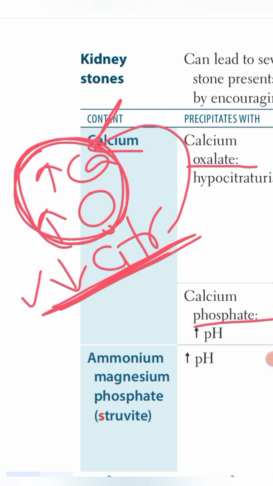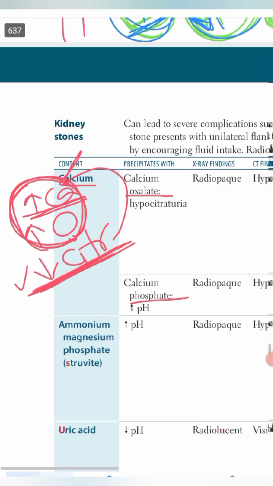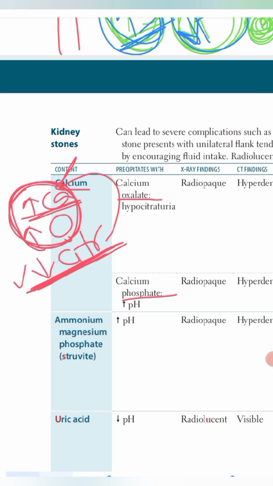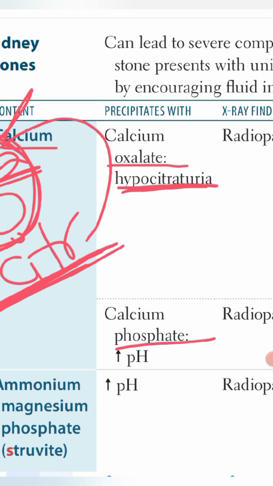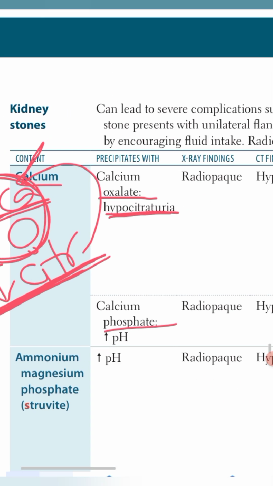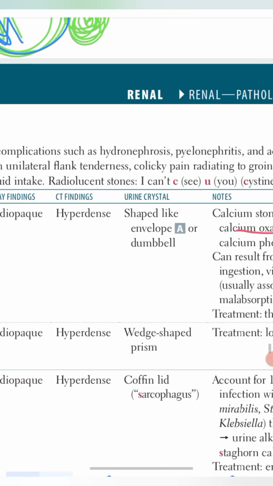It will combine with oxalate, and calcium oxalate stones will be formed. This means that citrate helps in dissolving and excretion of the calcium into the urine, making less possibility of the formation of the calcium oxalate stone. So the level of citrate in the urine is also very important for the formation of the stones.